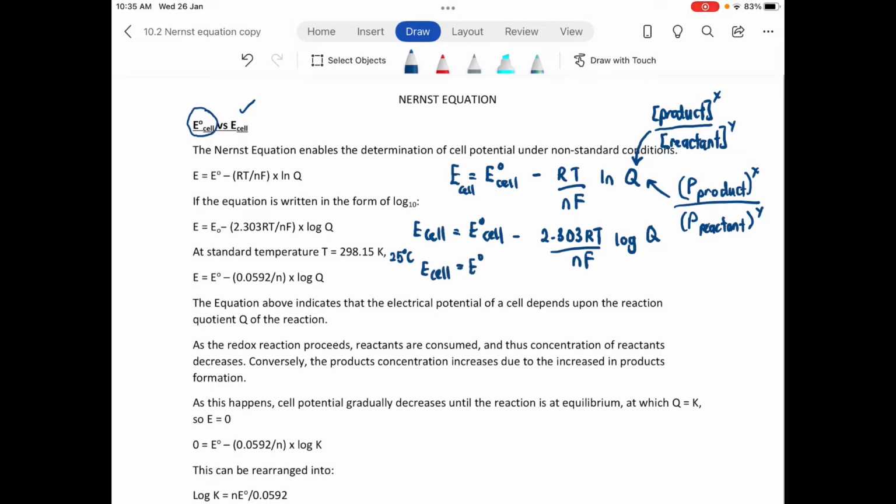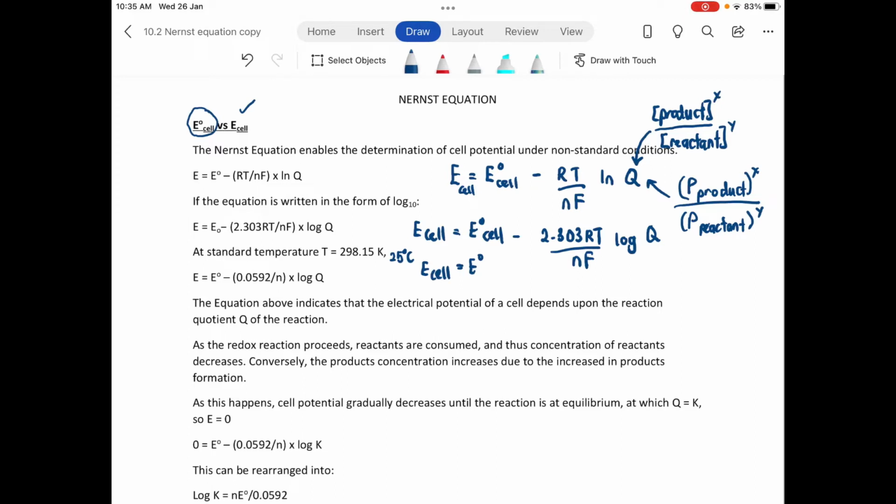It means that although it is non-standard condition, only the temperature is 25 degrees C. The temperature is standard, but the others are not standard. Maybe the pressure is not 1 atm, the concentration is not 1 molar, but the temperature is 25 degrees C, which usually happens that way.